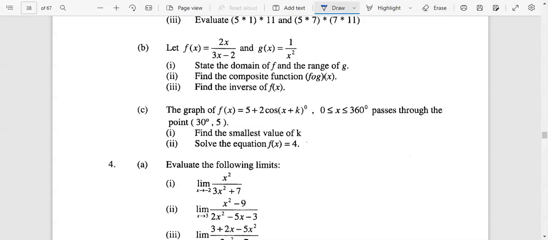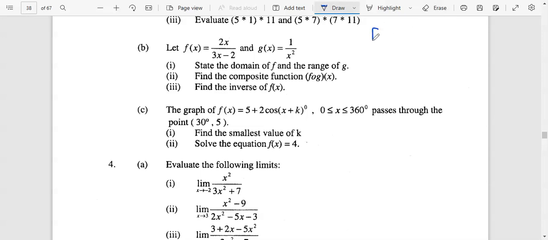The graph of f of x is equal to 5 plus 2 cos of x plus k degrees, for 0 less than or equal to x, which is less than or equal to 360, passes through the point 30 degrees, 5. Find the smallest value of k.